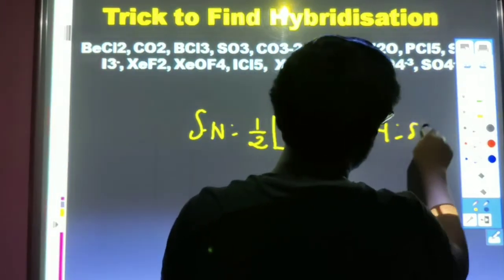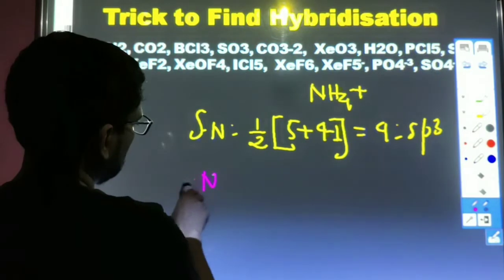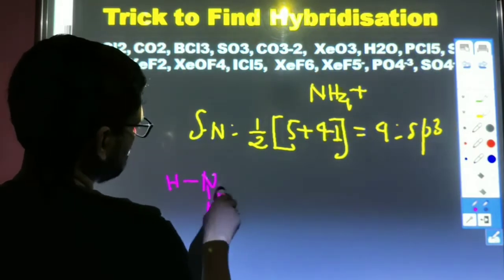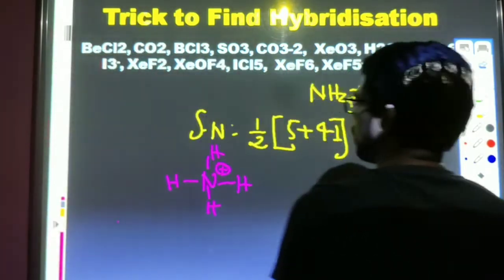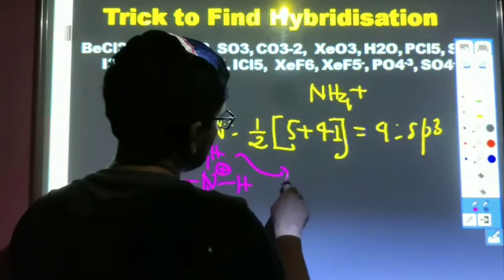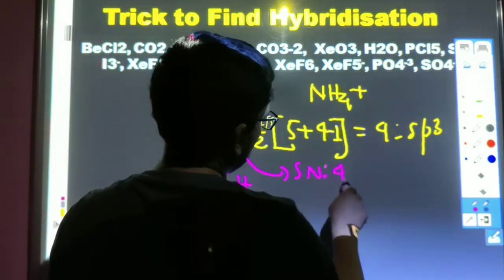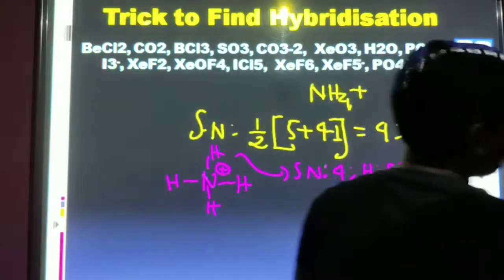So this will be sp3 hybridized. What will be the structure? N with four H, and this will carry a plus one charge. How many sigma bonds? 1, 2, 3, 4. So 4 sigma bonds means steric number 4, so hybridization will be sp3. Done.